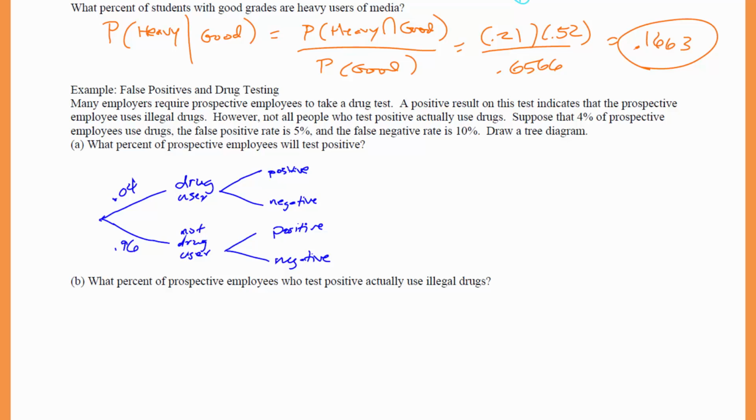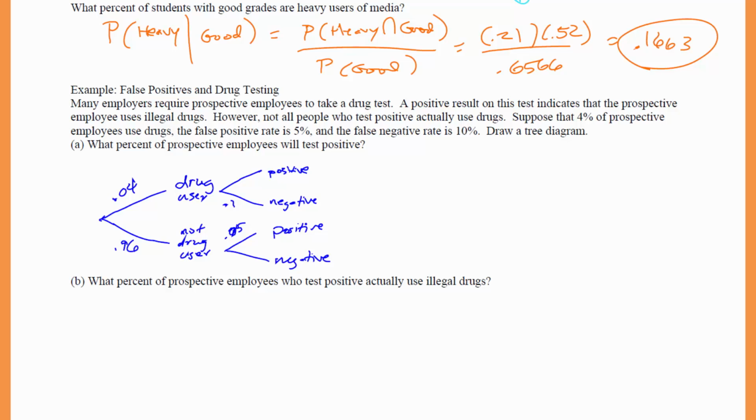That means of the people who do not use drugs, 5% of the time they test positive. So I'm going to put 0.05 on that branch of the tree. That's among the people who do not use drugs, 5% are testing positive. The false negative rate is 10%. Those are the people who use drugs, but the test falsely returns a negative result. It does not detect that they use drugs. So we're going to put 0.1 on that part of the tree.